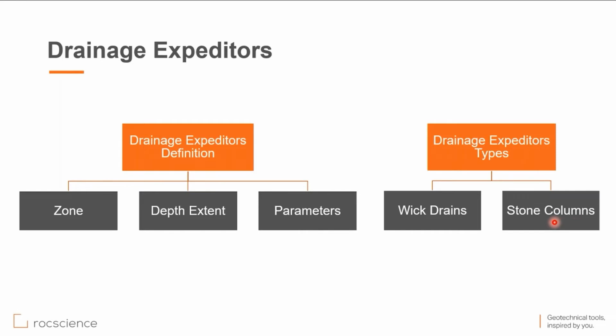So the stone columns may have permeability, and they will add to the speed of the drainage, the same as wick drains also do.